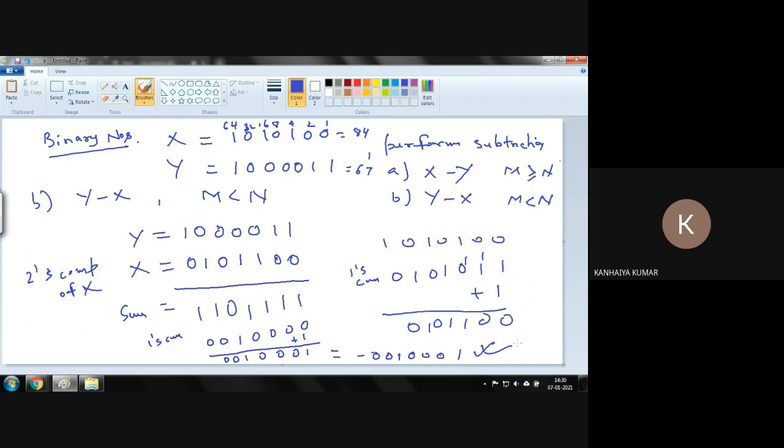It is not necessary to have a representation for positive and negative zero because both are the same. That's why we use only R's complement to perform this kind of subtraction. And you see, the end around carry you have to remove in the first part where m was greater than n, and you need to perform an R's complement of your sum value when n was greater than m, or m was less than n.